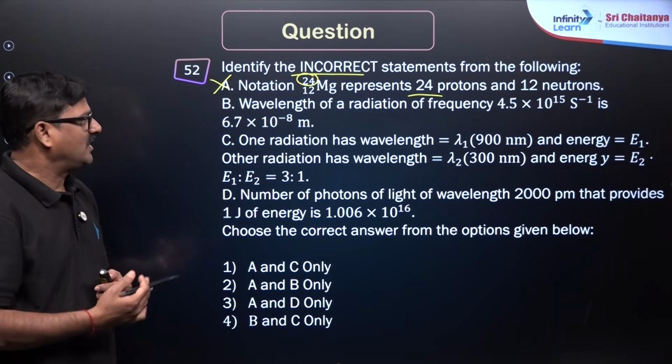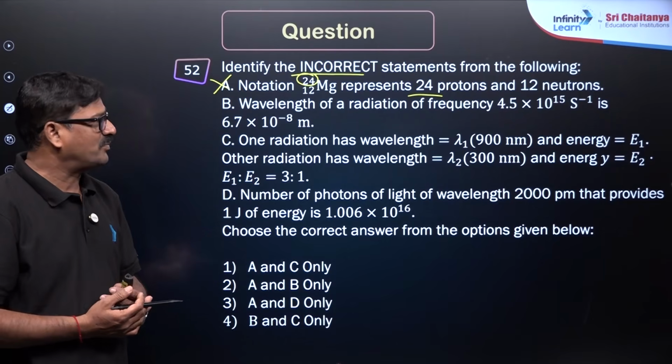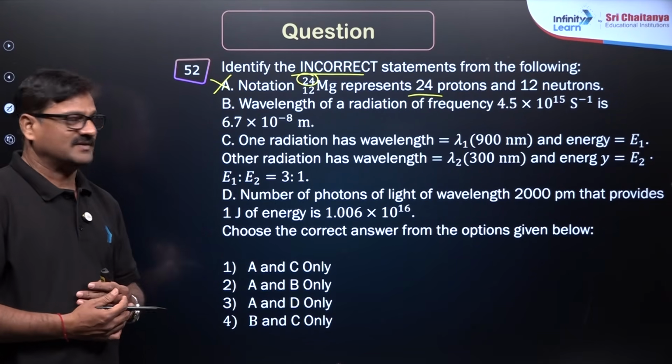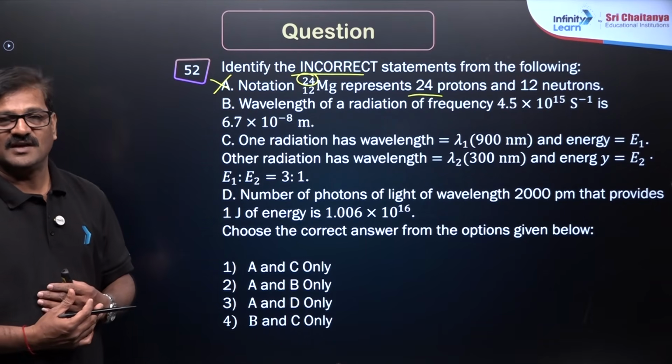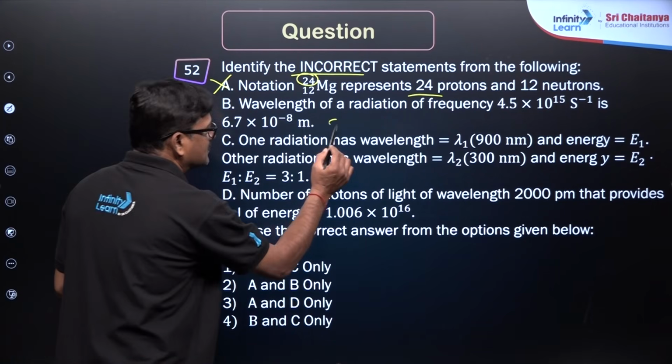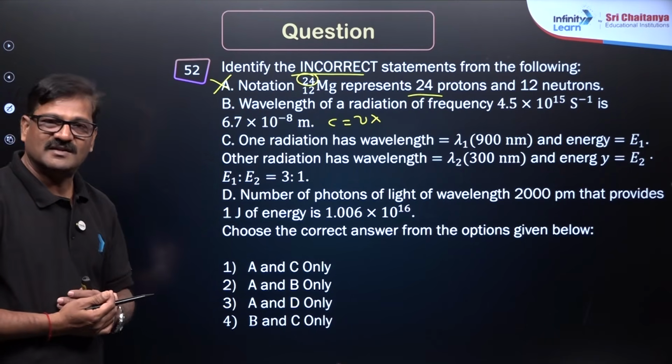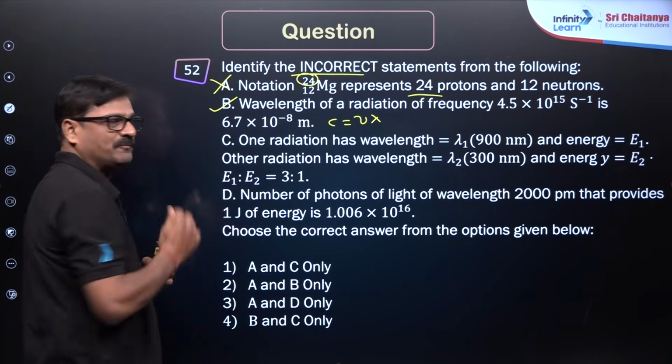The wavelength of a radiation with a frequency of 4.5 into 10 raised to 15 second inverse is 6.7 into 10 raised to minus 8 meters. We can use c is equal to nu lambda. By using this formula you can calculate the wavelength, and it is correct.